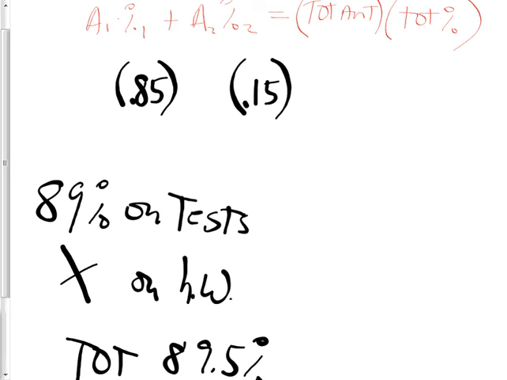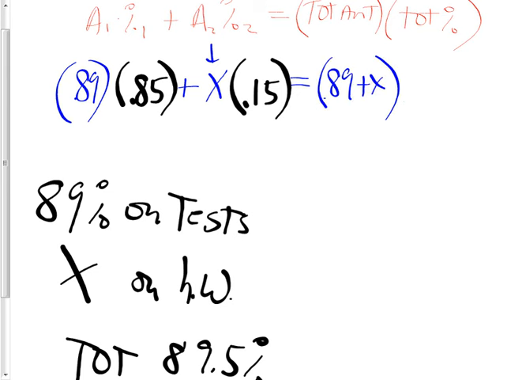All right, so here's how you get this going. First thing, if the 89% is on test, I hope you know that the 89 goes here. That makes sense? Okay. Then I don't know how much he's going to get on his homework. So what do I put there? X equals the total amount. Okay, the amount is the 0.89 plus the X. The total percent, that should be easy.